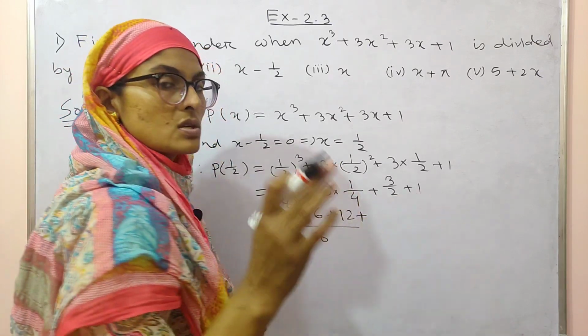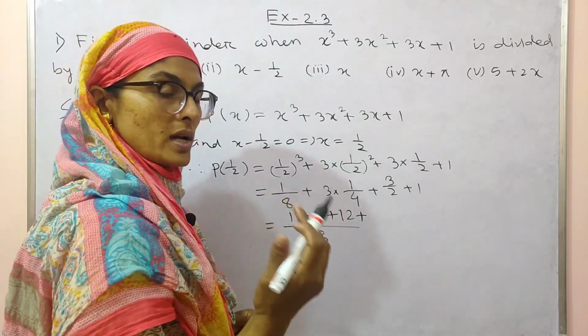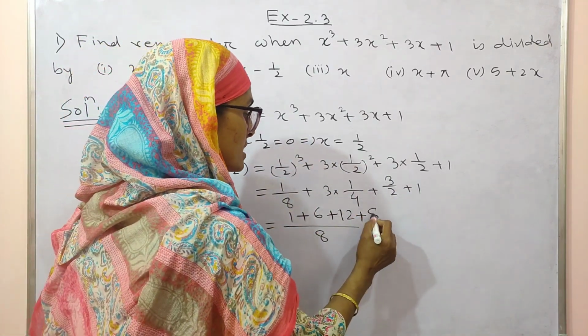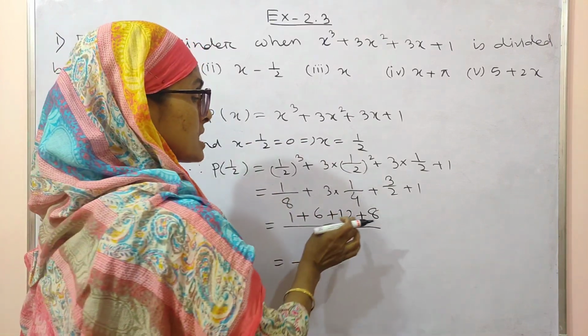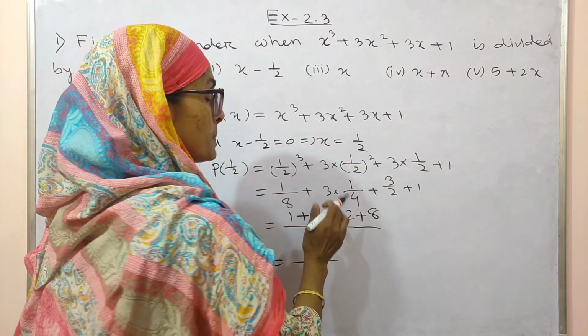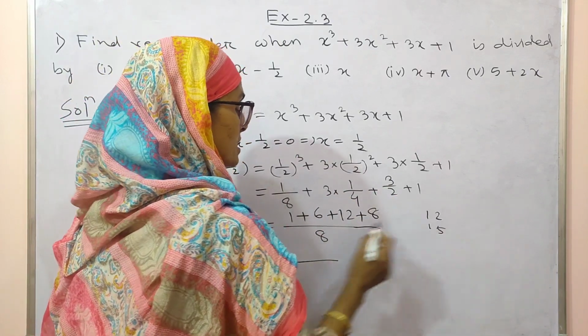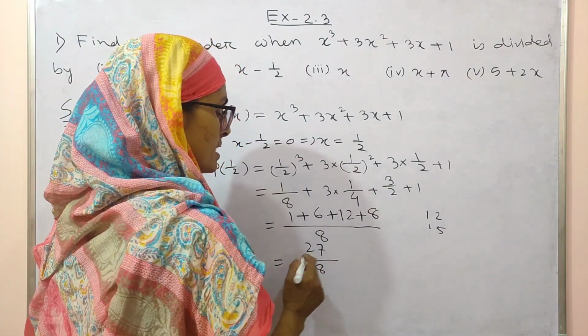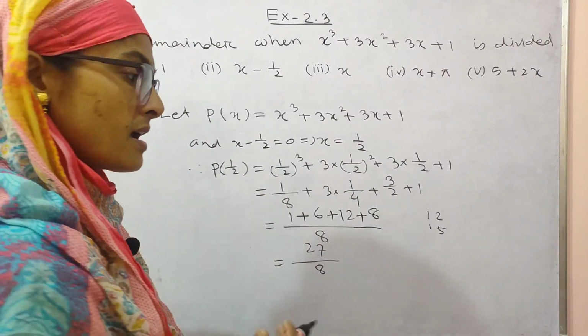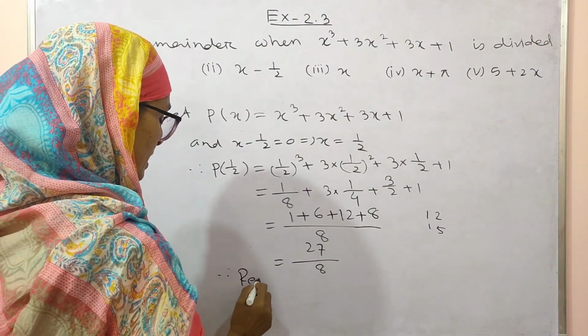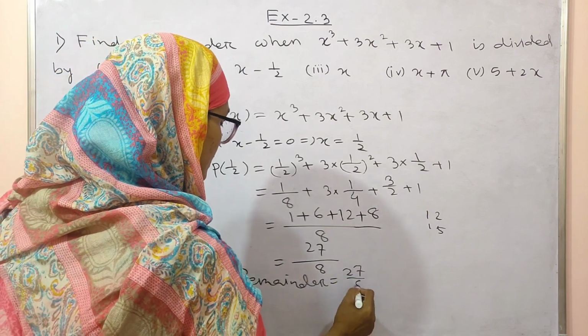Here nothing, that means 1, so divide 8 by 1, you will get 8, 8 1s are 8. Now add this one. 1 plus 6, 7. 7 plus 8, 15. 15 plus 12, you will get 27. 27 by 8, this is the remainder. Therefore, the remainder is 27 by 8.